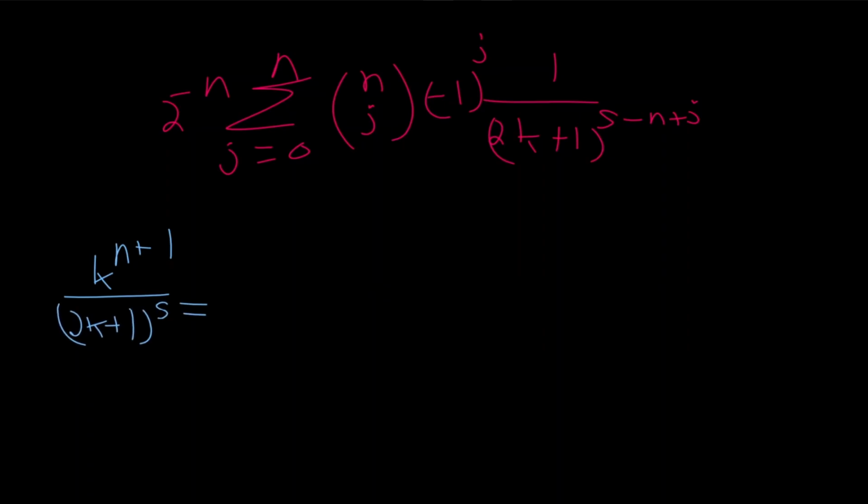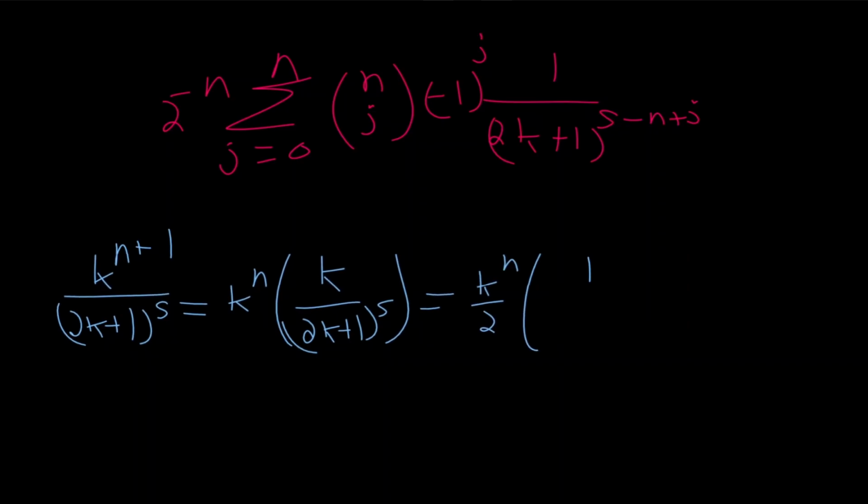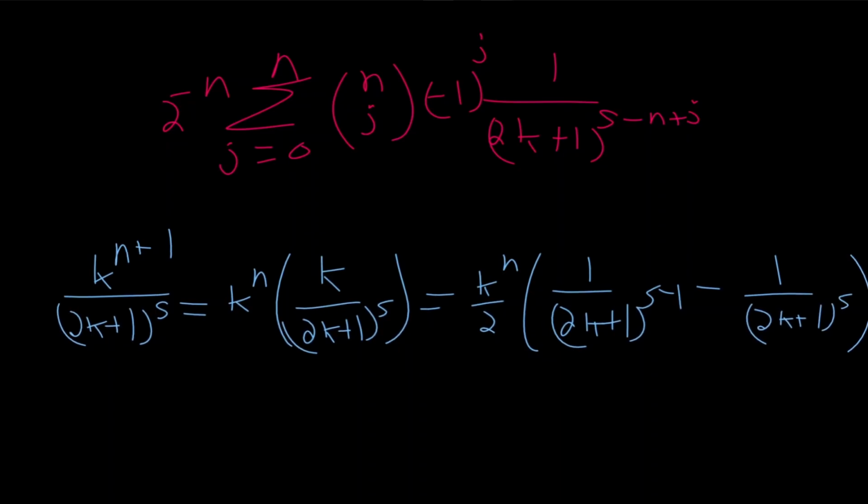Now we can simply rewrite this as k to the n times k over 2k plus 1 to the s. And now we can just simply rewrite this as k to the n on 2, and then just times 1 over 2k plus 1 to the s minus 1, and then just minus 1 over 2k plus 1 to the s.